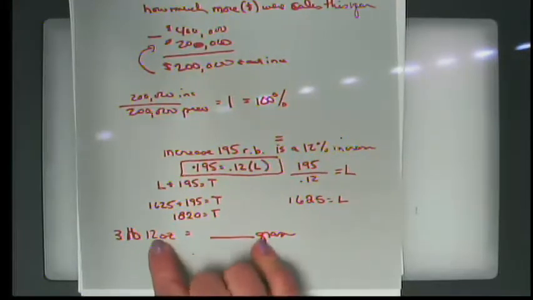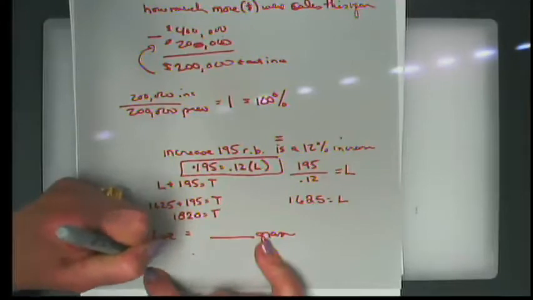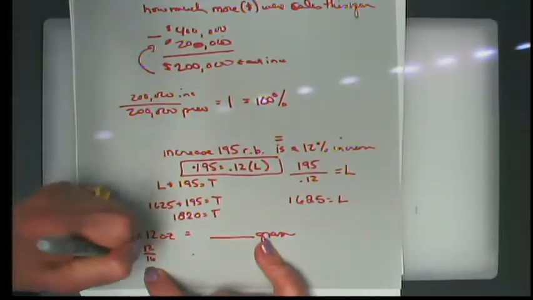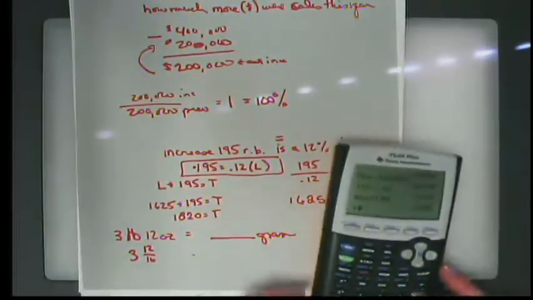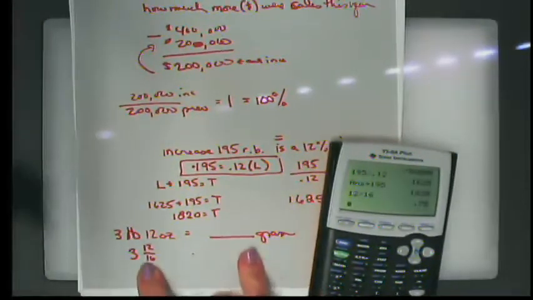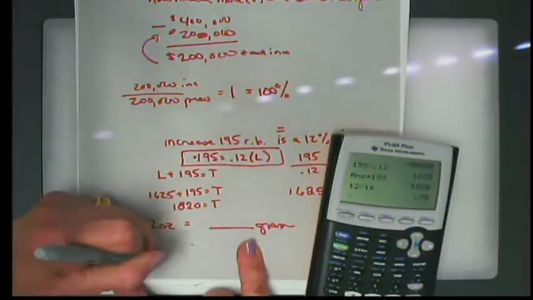Yes. So this should be some fraction of a pound, 12 ounces, so how about 12 over 16? Does that make sense? So this is 3 and 12 over 16 pounds, which is 12 divided by 16. 12 ounces is 0.75 of a pound. So this would be 3.75 pounds.